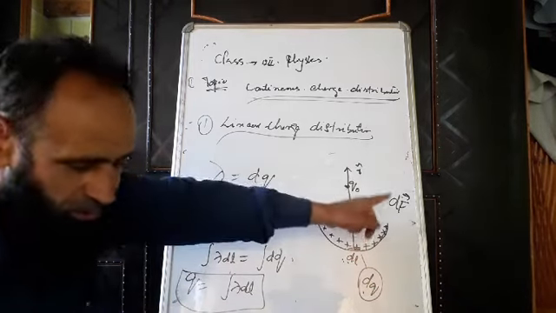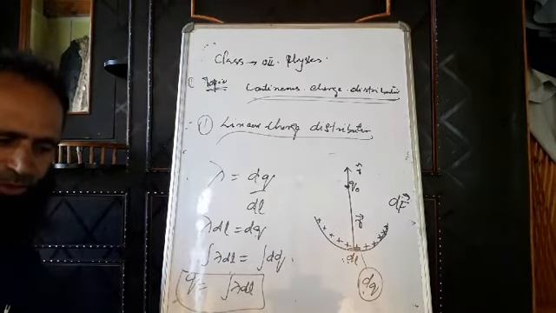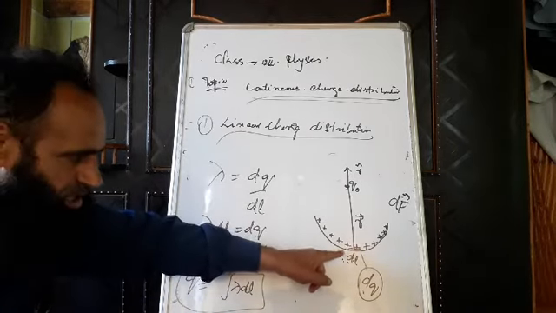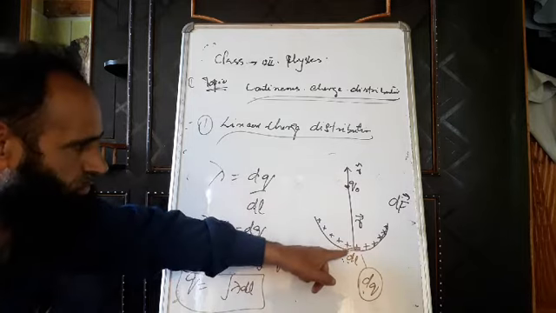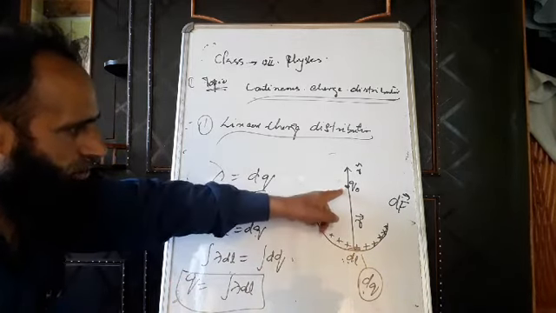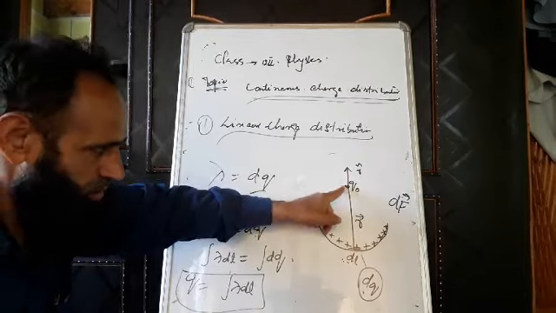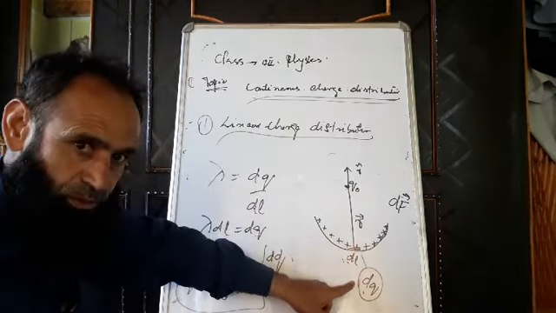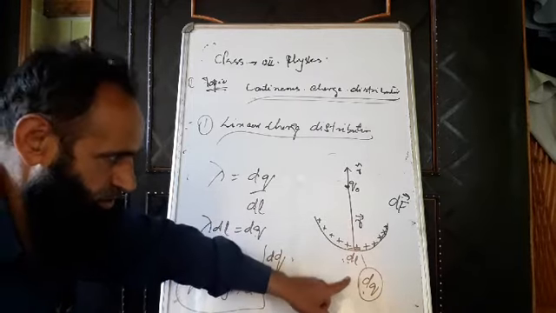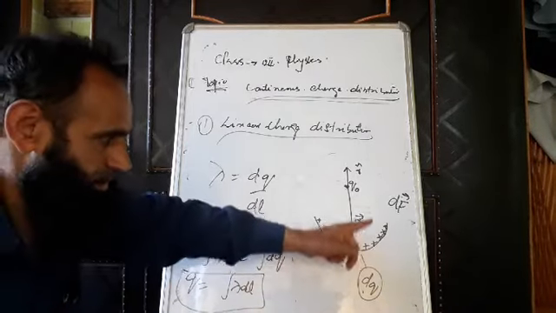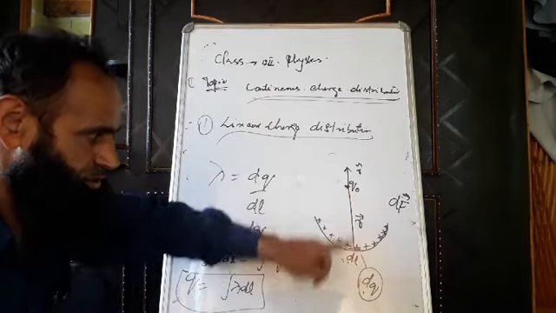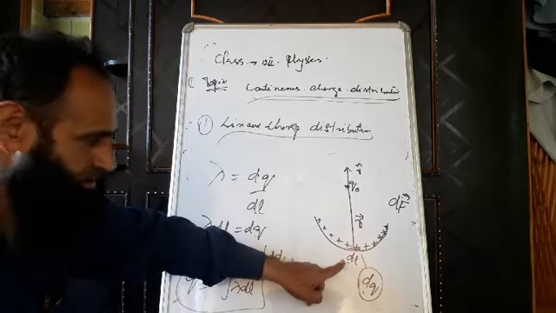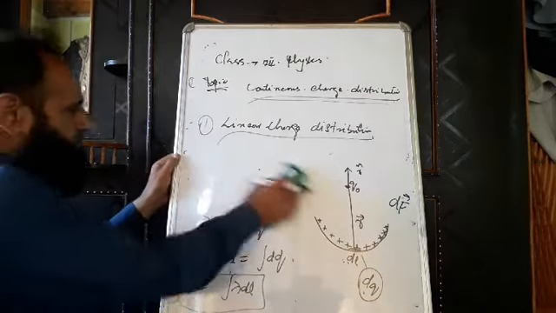Again, we know the force of interaction. The force dF on the charge q naught due to this charge element dl having a charge dq is given by dF.